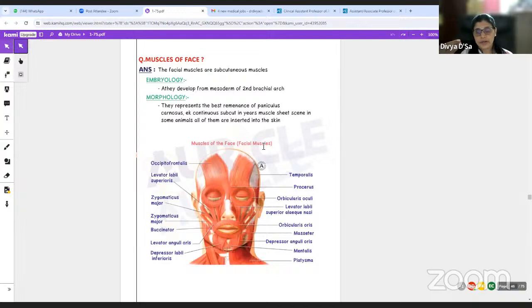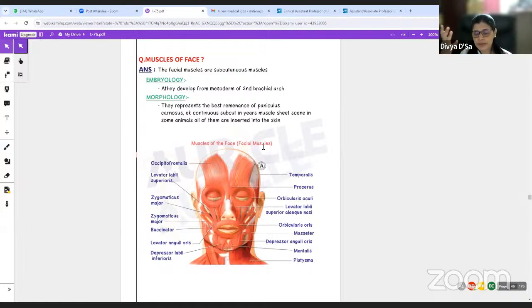So for that, when an insect or a fly sits on it, this muscle immediately undergoes contraction. Because of that contraction, the fly is chased away. So that is how it helps in animals. Okay, in humans, what happens? We have evolved.